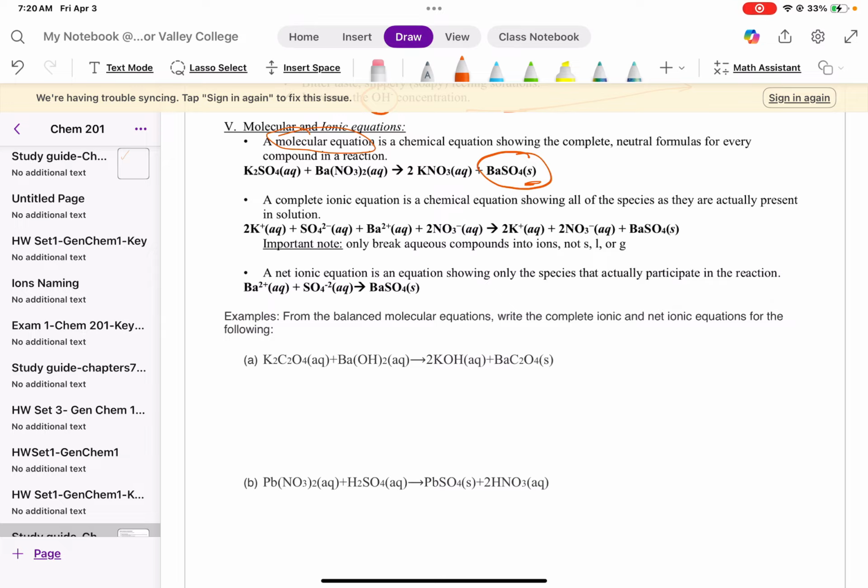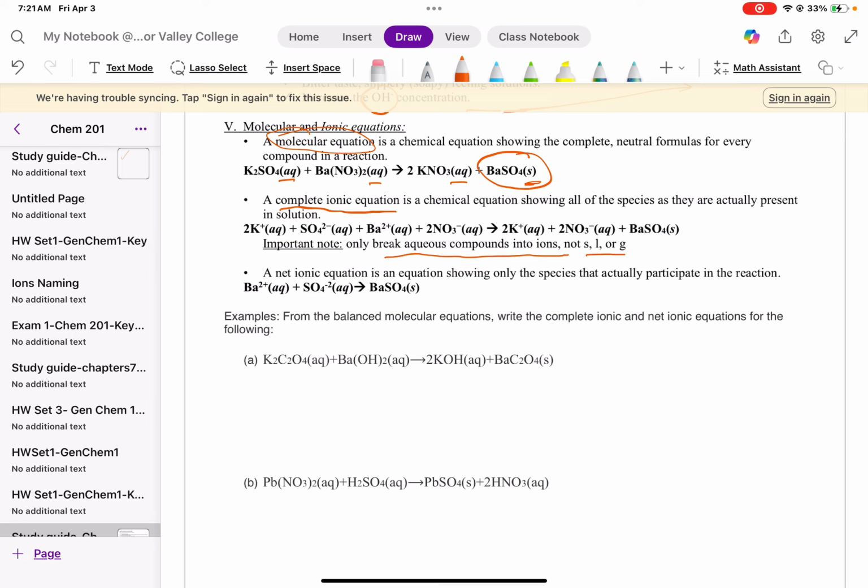Now, you break them into complete ionic equations. Remember, only break the aqueous compounds into ions, not solid, liquid, or gas.